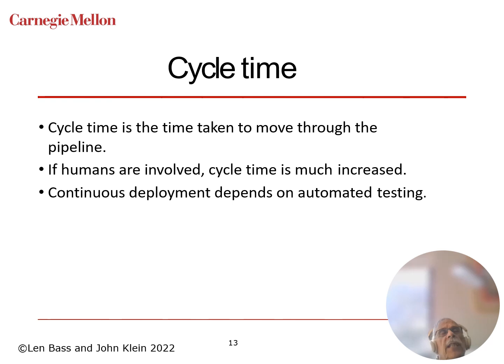How long does it take from the time that you committed your code until that code, that service, is ready for deployment? It may be in production or it may be on the staging server, but how long does cycle time take? And if you're doing continuous deployment, that depends on automated testing.